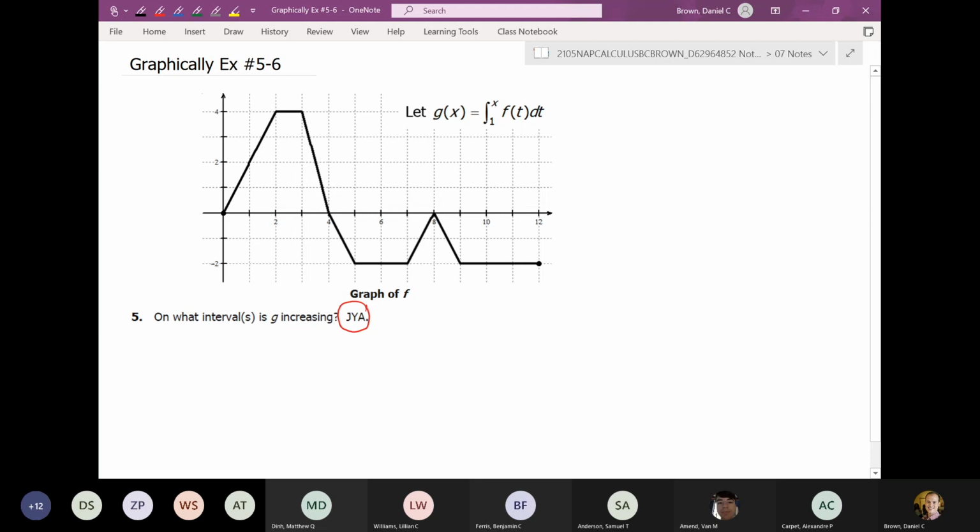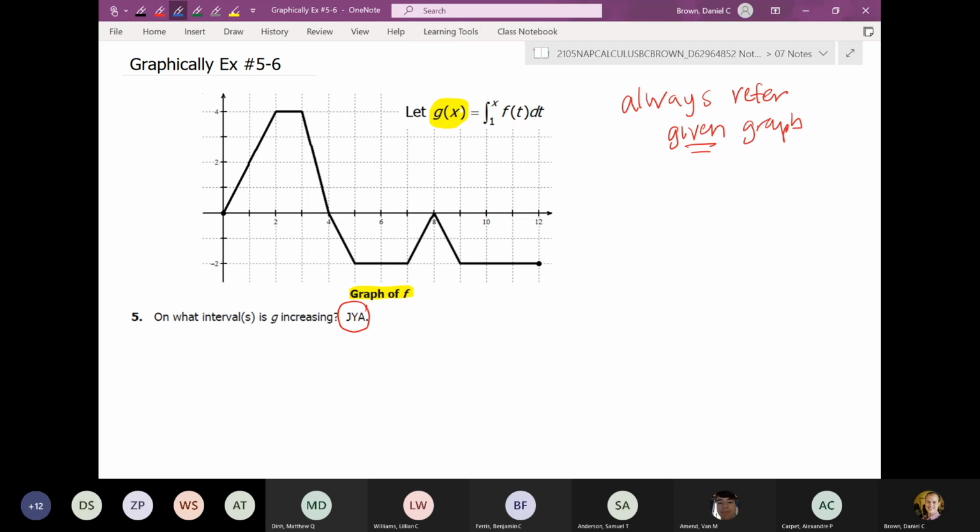You also have to always make sure you refer to the given graph. And I'm going to make a note about that. All your justifications will always have to refer to the given graph, which in this case would be the graph of f, but we're going to be talking about g. So we'll have to be careful with how we do our justifications.